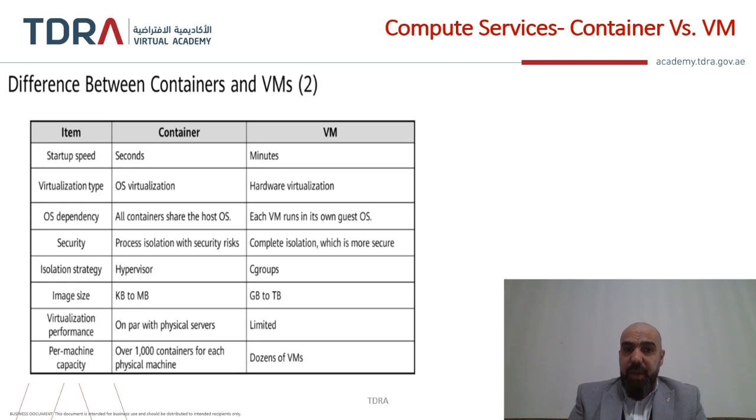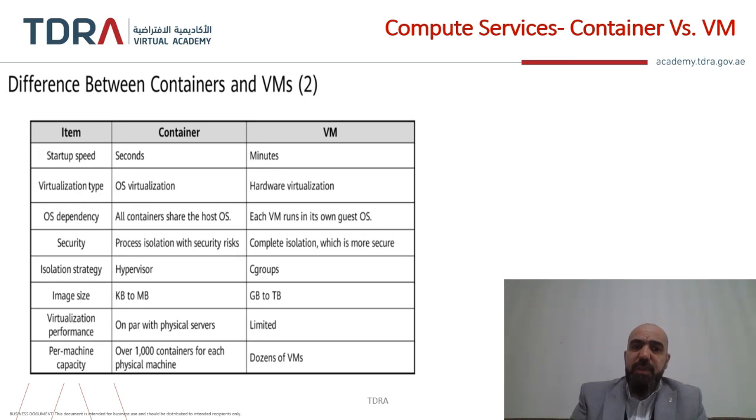So in the container, I have the operating system and I virtualize the application, and you can see they share the operating system itself. But in the VM, they share the physical machine, there is a hypervisor, the virtualization layer, and you have a completely isolated VM for each.